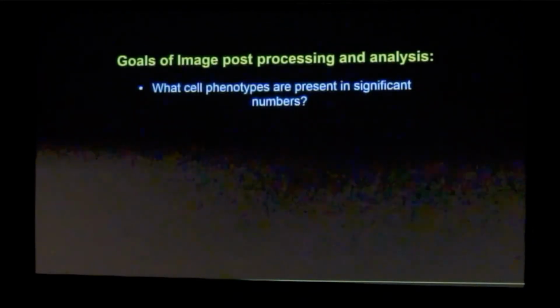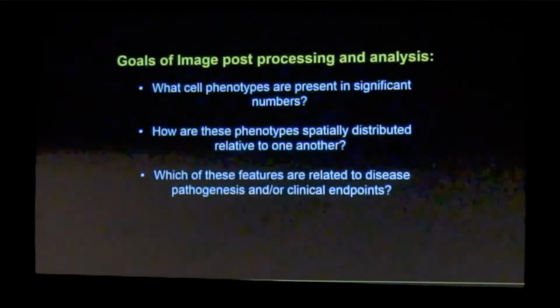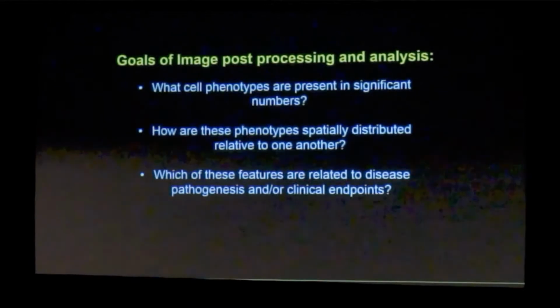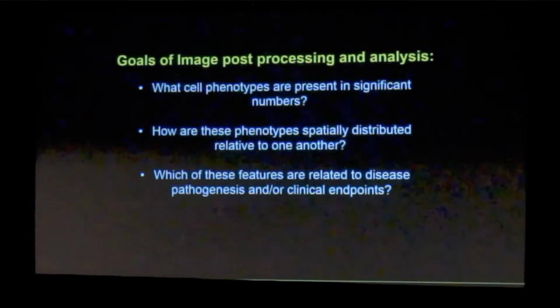So the things we want to think about when we start post-imaging analysis, and I think this is going to be the big area over the next few years that has to be sorted out, are what the best practices are for analyzing multidimensional imaging data, and how we draw inferences and see relationships that we can confidently say are statistically significant and not simply an artifact of the prevalence of certain cell populations.